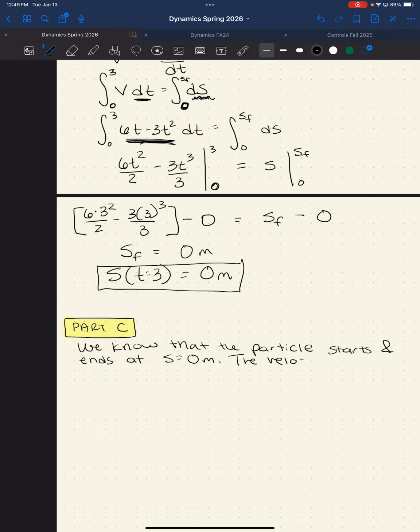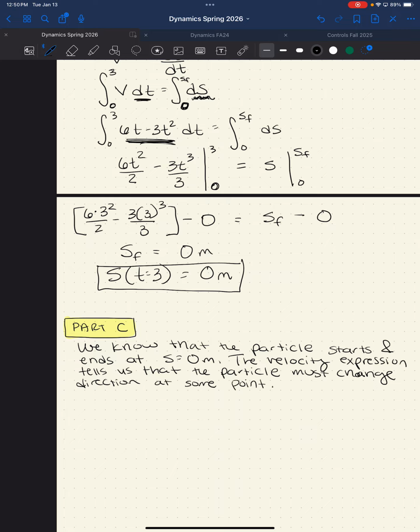The velocity expression tells us that the particle must change direction at some point. Thinking back to our calculus days, what happens to velocity or position or acceleration when you're changing direction? Zero. What's zero? The velocity. Absolutely. The velocity has to be 0.